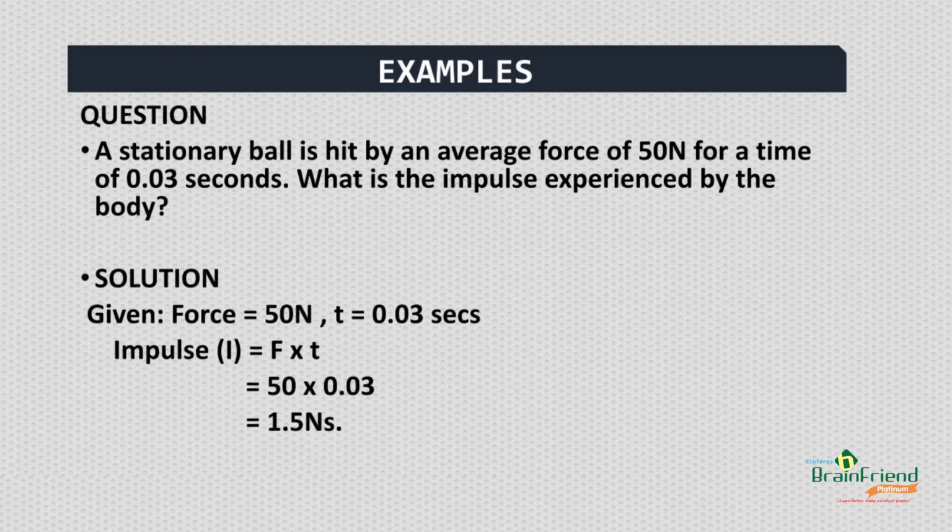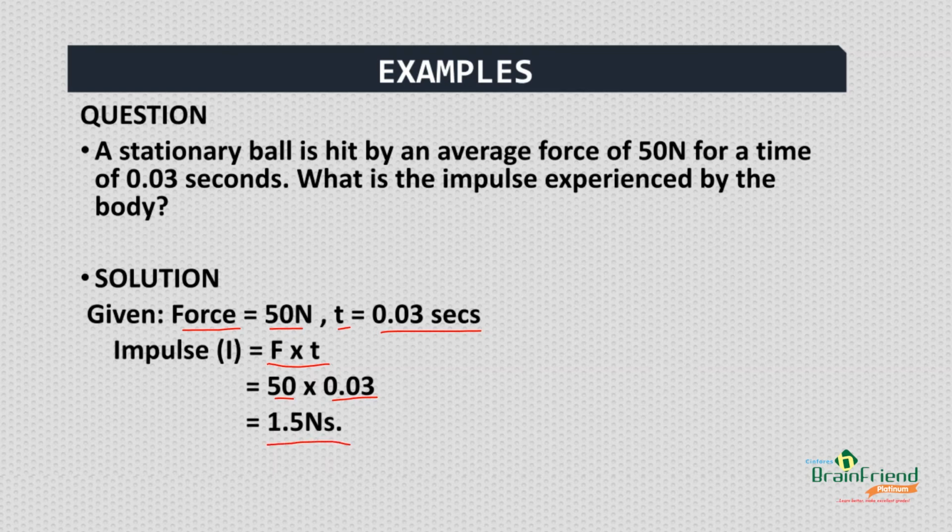We are given force as 50 Newton and our time t as 0.03 seconds. You remember the formula for impulse, which is force multiplied by time. So using the parameters given, our force is 50 and our time is 0.03. If you multiply both, you have 1.5 Newton second.